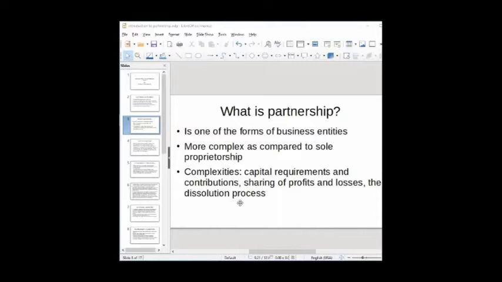Partnership has been defined by the United States Uniform Partnership Act as an association of two or more persons who co-own a business for profit.